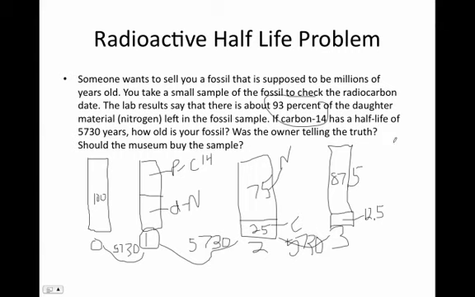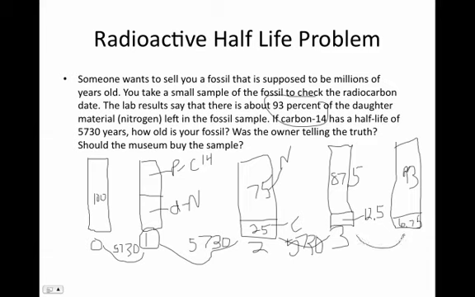We need to get to 93, so let's divide 12.5 in half again. So that's 6.25, and this will be 93 approximately, if you round.